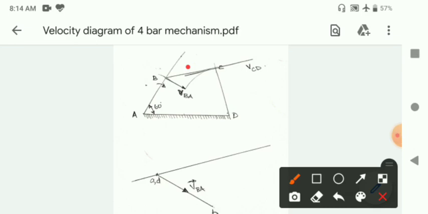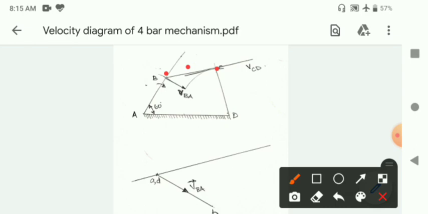But for the purpose of drawing the relative velocity diagram, we assume that link BC rotates either about B or about C. Whichever point we assume, it doesn't matter. Regarding the motion of BC, we don't know anything.